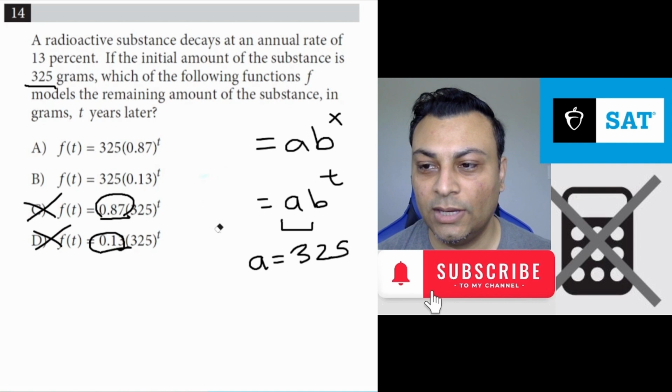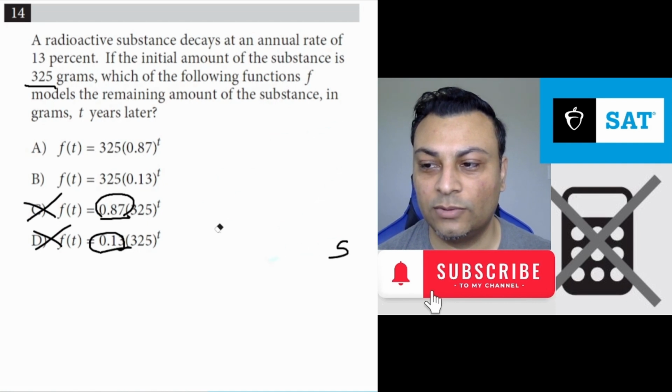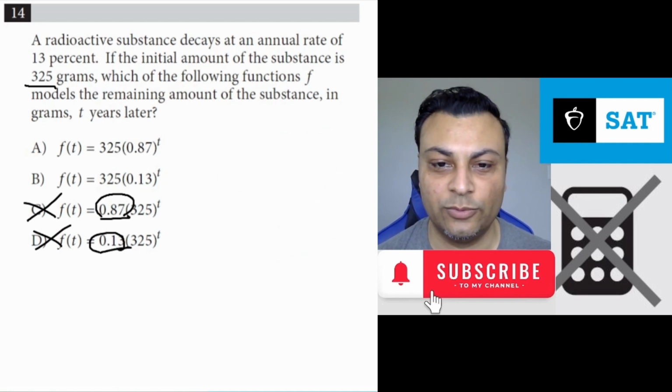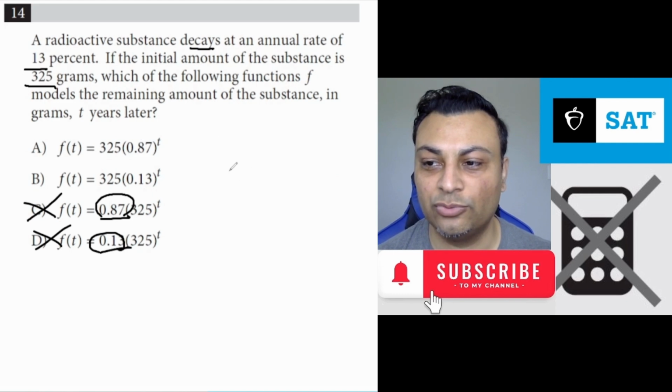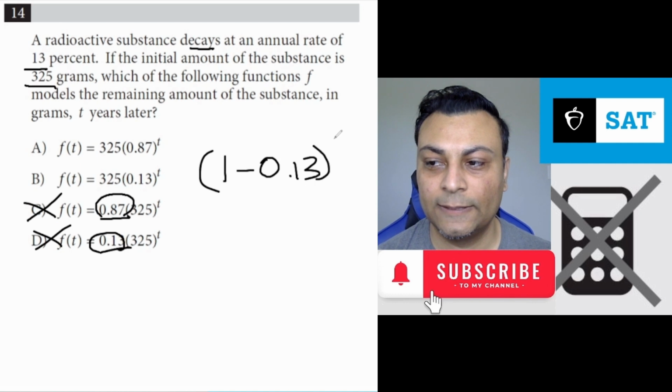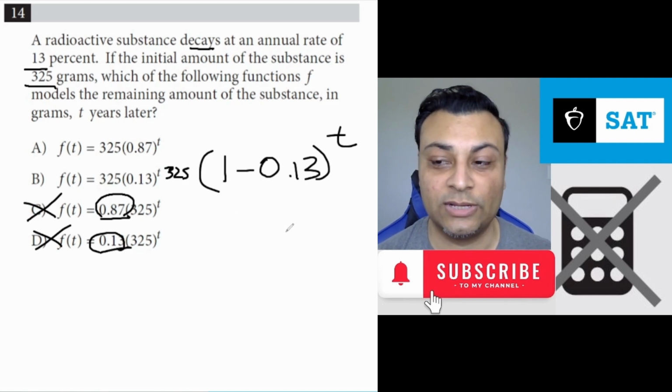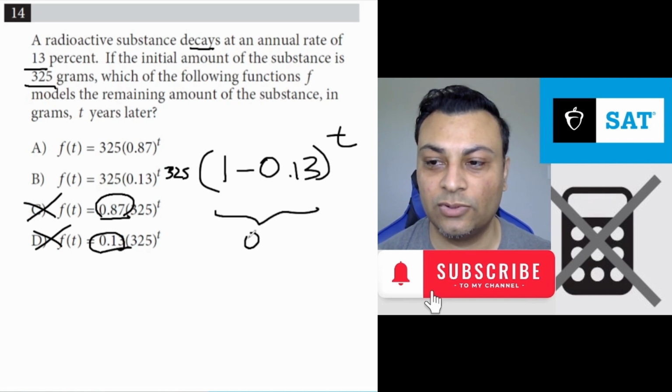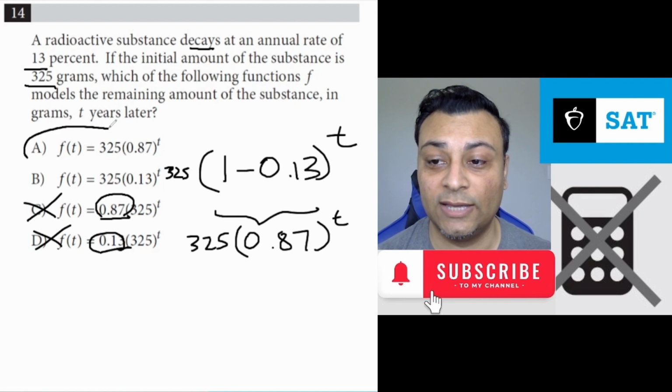And the difference between these two, 0.87 and 0.13: if you're going to decay at an annual rate of 13%, that means you have to use 1 minus 0.13. And of course, the 325 is there. So 1 minus 0.13, we have to do this with our calculator. This is 0.87. So that's why the answer is indeed choice A.